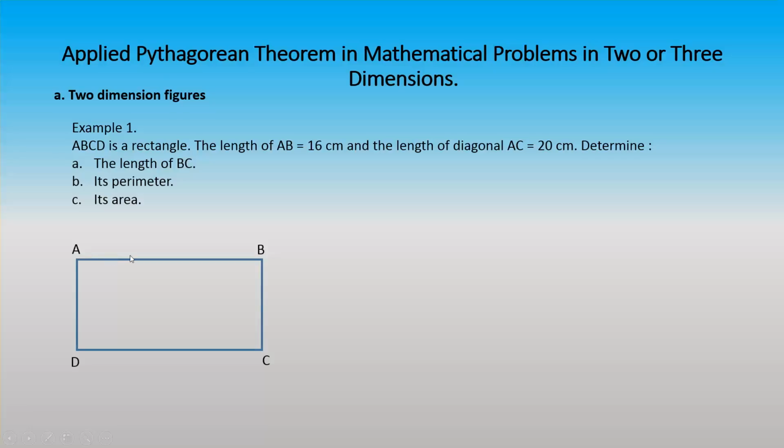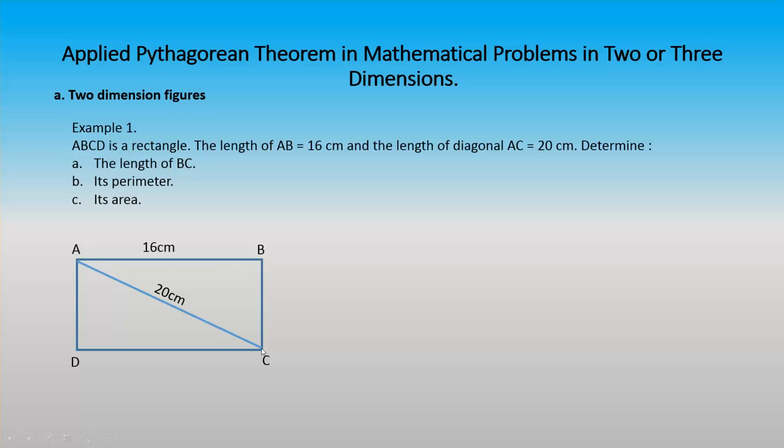And then the length of AB is equal 16 centimeter. And then the second one, you should draw the diagonal AC. The length is equal 20 centimeter. Now you can calculate the length of BC. To calculate the length of BC, please consider the triangle ABC.